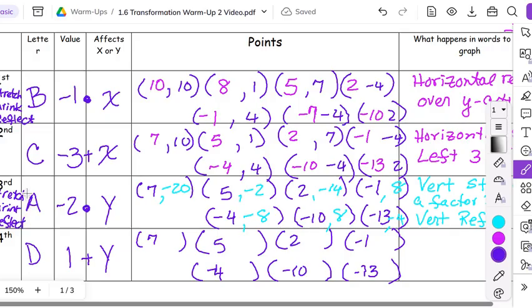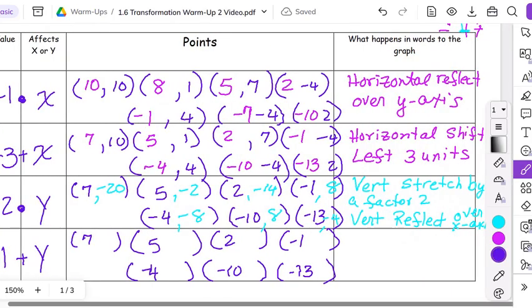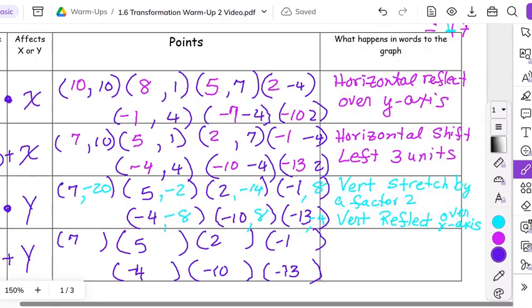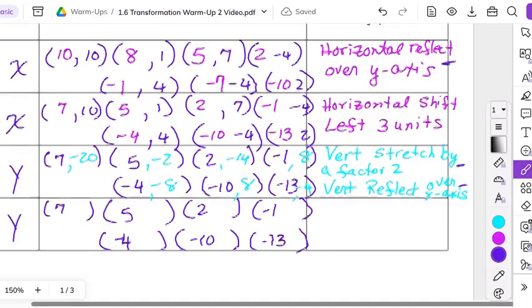C and D only have one. They either move left or right or up and down. So A and B have two things that could happen depending on if the value is negative or if the value is 1. So that's why this one here only had 1, because it was a value of -1, and this one had 2 because it was a negative and a number.